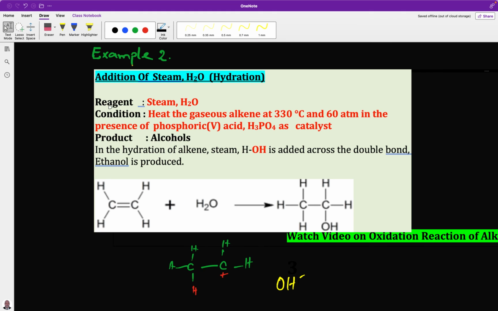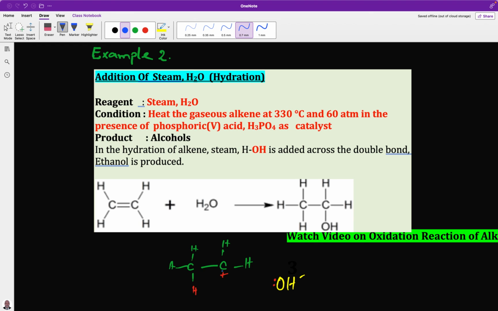The OH has a lone pair of electrons on the oxygen. As we said, electrophiles are electron pair acceptors. This one is now acting like an electrophile too. So what happens? There will be an attack here by the OH.